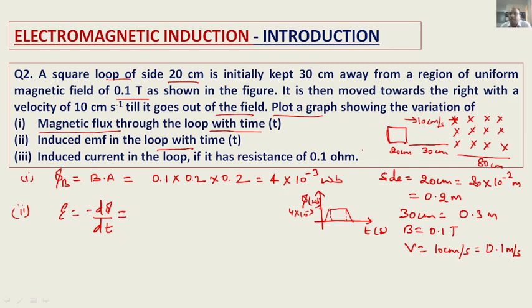Here, because the loop is moving with a velocity, it will have motional EMF, and motional EMF is BLV.